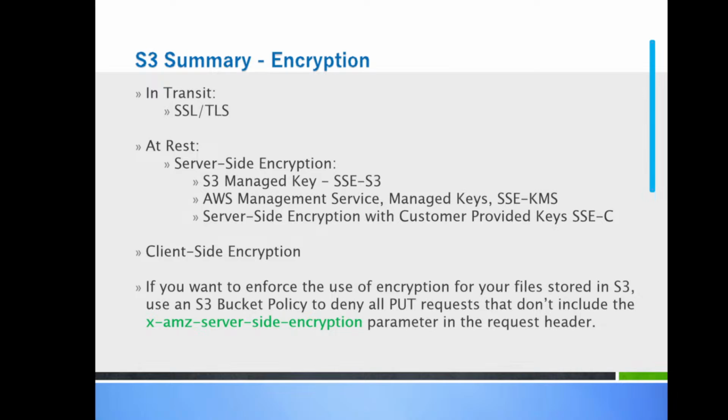Then encryption at rest. There are two types: client side encryption or server side encryption. Client side encryption basically means the client is doing encryption on premise and then uploading the data to S3. Second is server side encryption. Amazon will do a one level encryption for you, and it is free of cost.